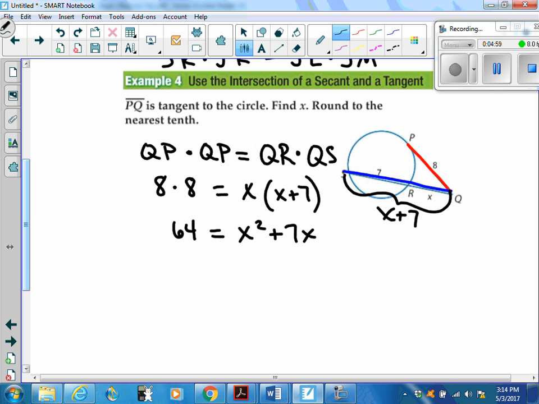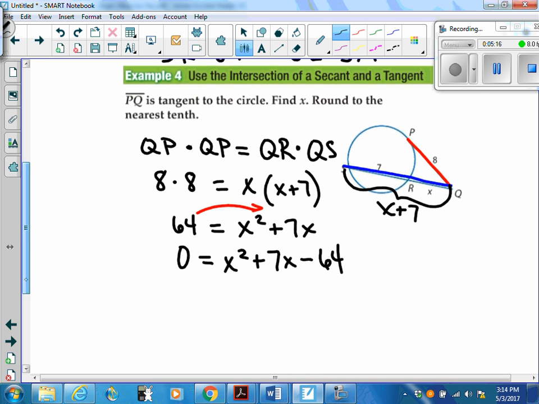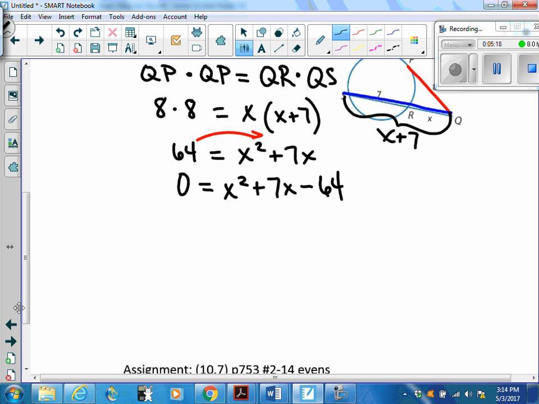I have 3 different kinds of terms, so I'm going to take everything to one side because I have a trinomial. I'm going to take my 64 to the other side, and that's going to give me 0 equals x squared plus 7x minus 64.